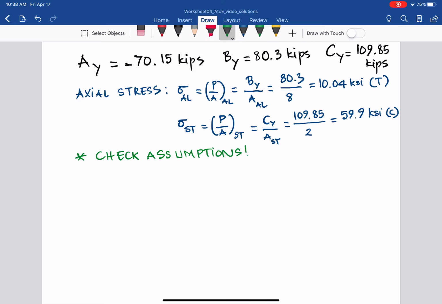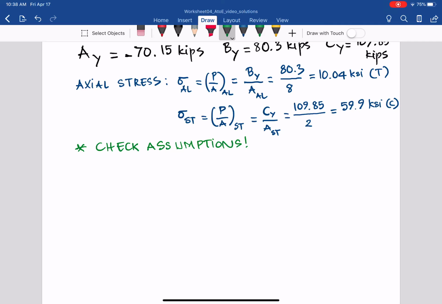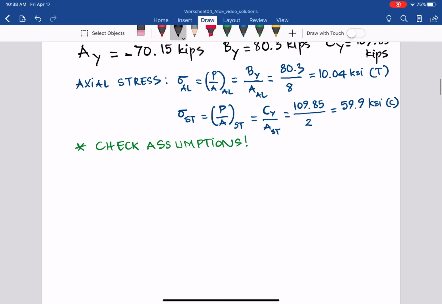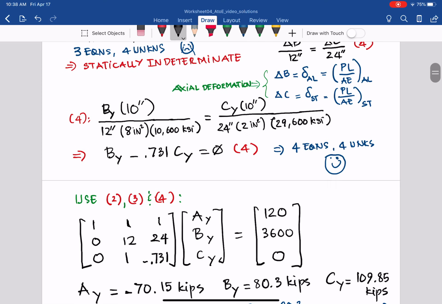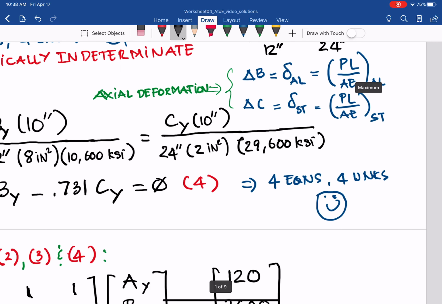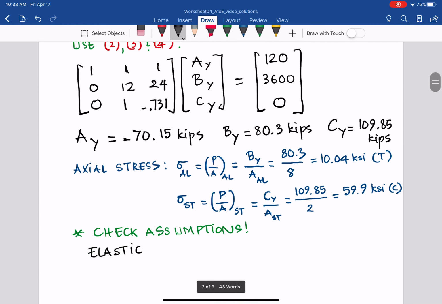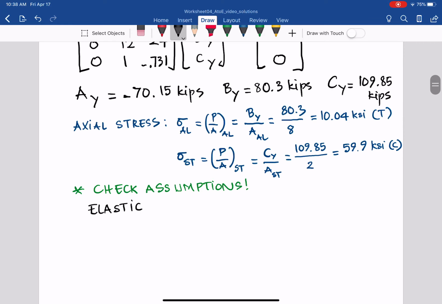I just mentioned earlier, it needs to be elastic. In the elastic region, to be able to use the equation delta equal to PL over AE, it has to be elastic.